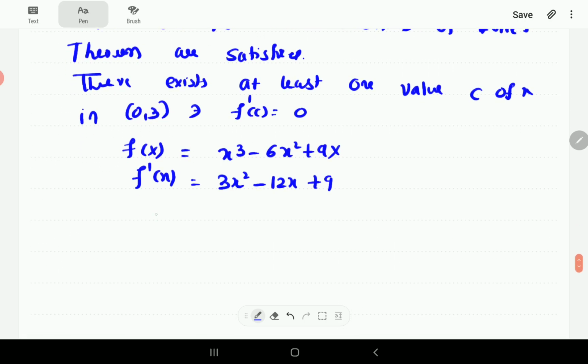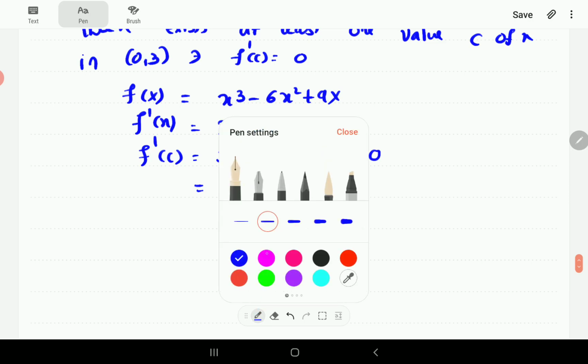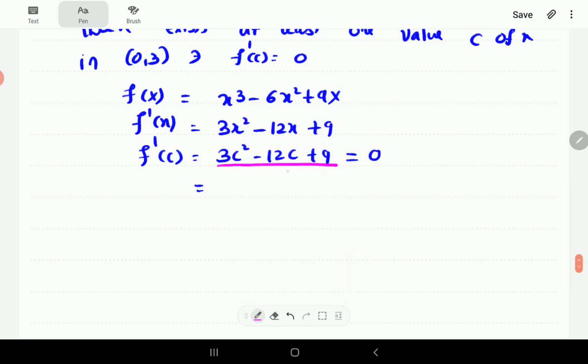So therefore, let us find f dash at the point c. This is 3c square minus 12c plus 9, equated to 0. So let us find the value of c. Here we can take this 3 out completely. This will be c square minus 4c plus 3 equal to 0.